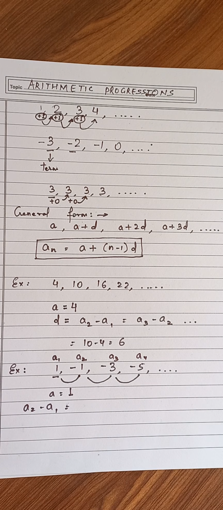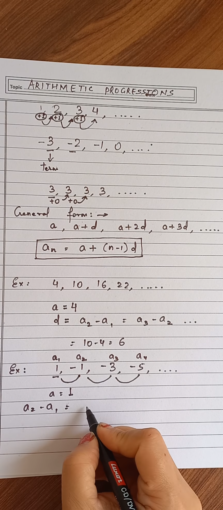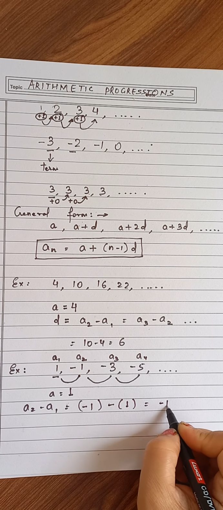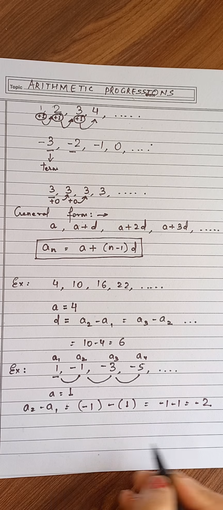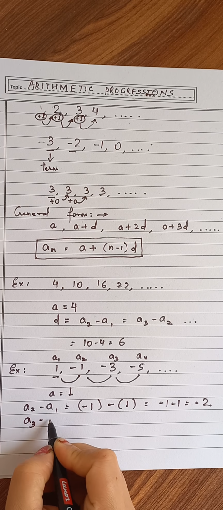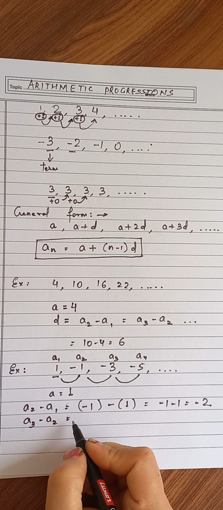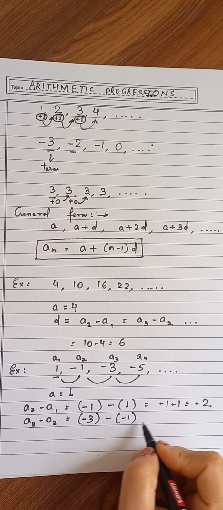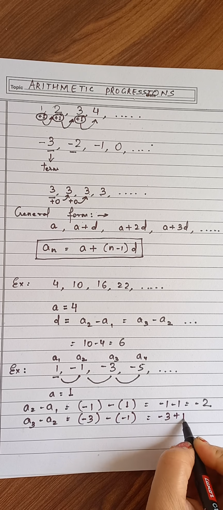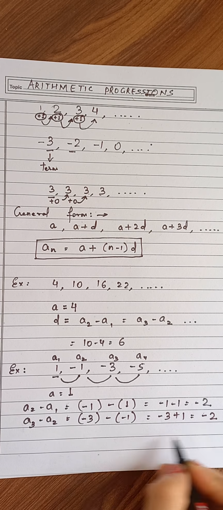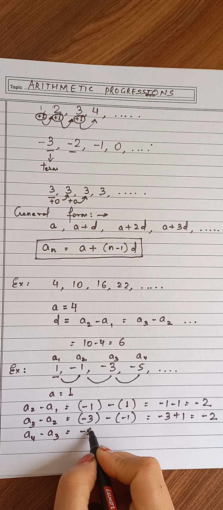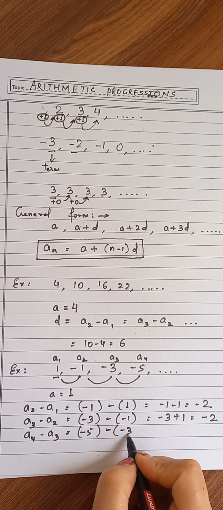Four terms are provided. So A2 minus A1, that means -1 minus 1, that is -2. Now we check again A3 minus A2. We have to take the difference of two consecutive terms. So A3 minus A2, that is -3 minus (-1), that is -3 plus 1, that is equal to -2 again. And A4 minus A3, that means -5 minus (-3).